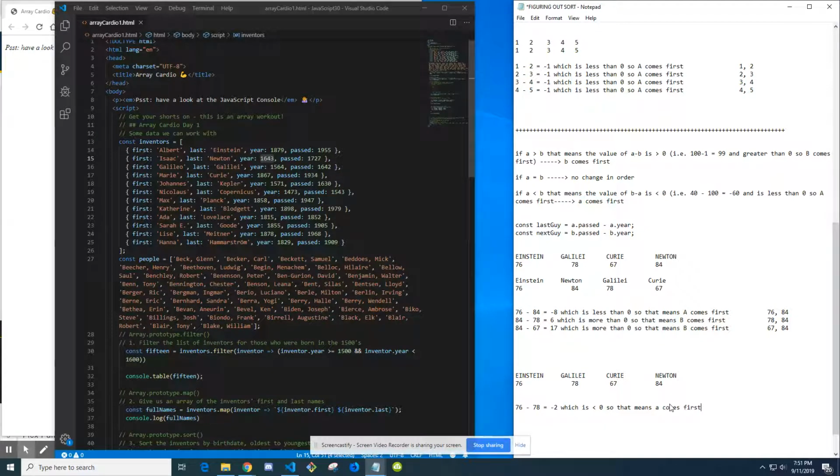So that would mean 76 and 78. So Einstein is still in the lead there. The youngest? Don't know if that's something you want to be in the lead for. And then 78 was Galilei. So those go unchanged because it's still in that order.